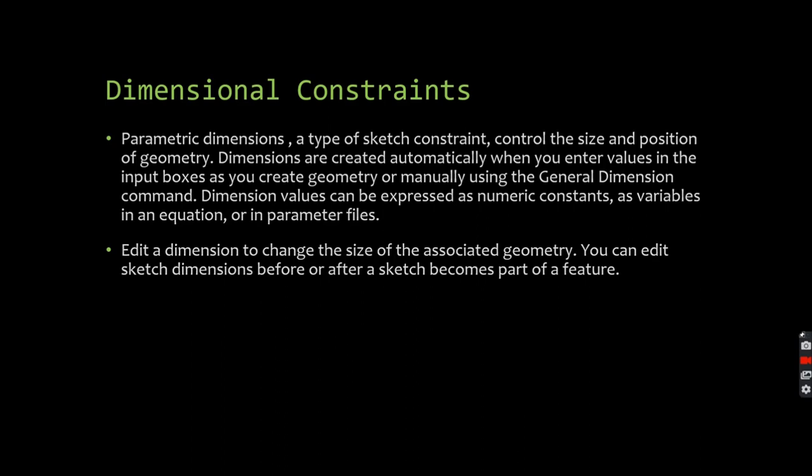Dimension values can be expressed as numeric constants, or as variables in the equation or in parameter files. Edit the dimension to change the size of the associated geometry. You can edit sketch dimensions before or after the sketch becomes part of a feature.